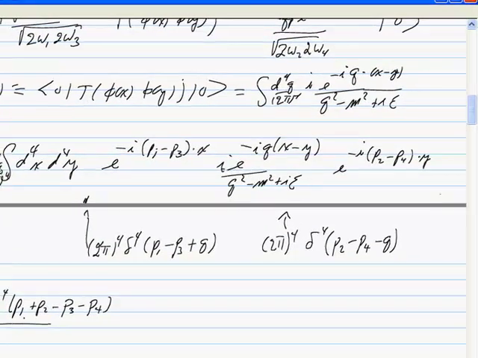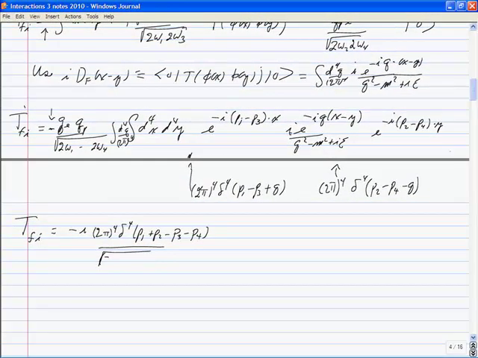I get these normalization factors, square root of 2 omega 1 up to 2 omega 4.